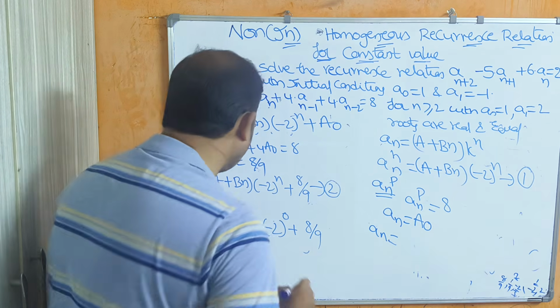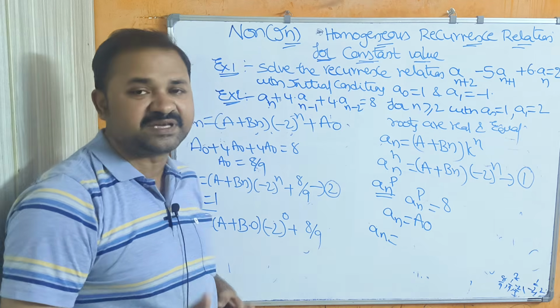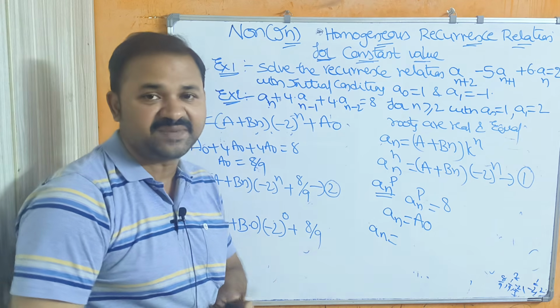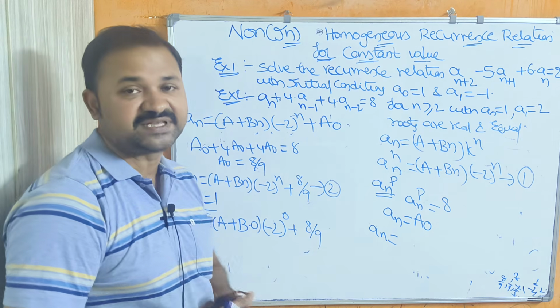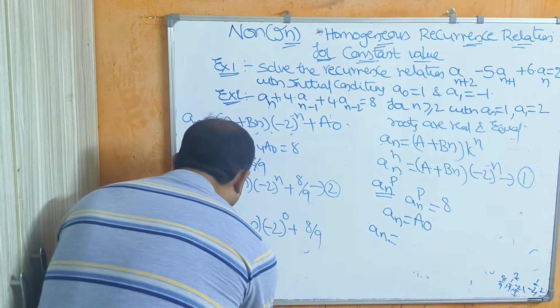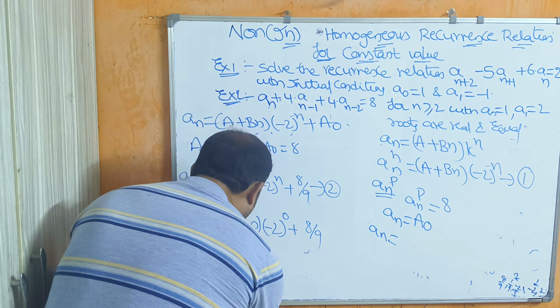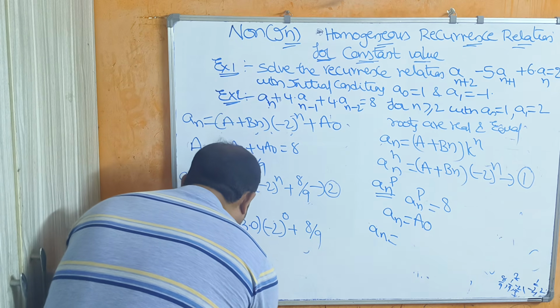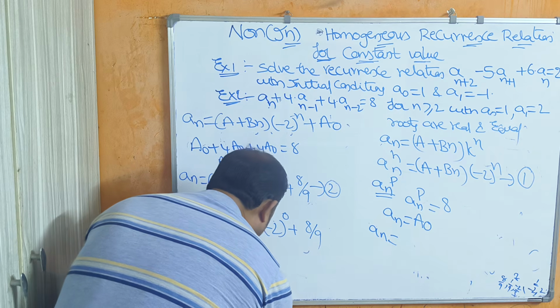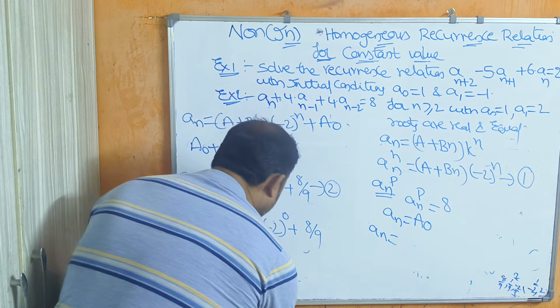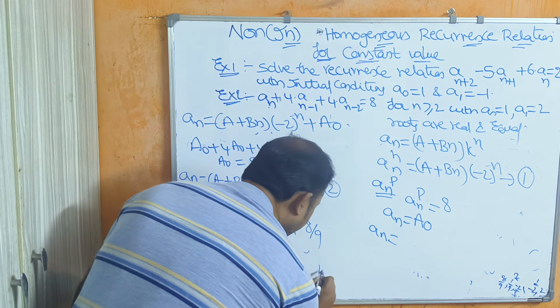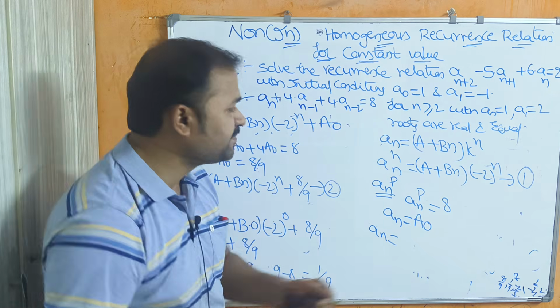So 1 equal to a plus b into 0 is nothing but 0. A plus 0 is nothing but a. Anything power 0 is nothing but 1. So that is nothing but a plus 8 by 9. So directly we got a value. So a equal to 1 minus 8 by 9. So if you do the LCM, 9 minus 8. So a value is nothing but 1 by 9.